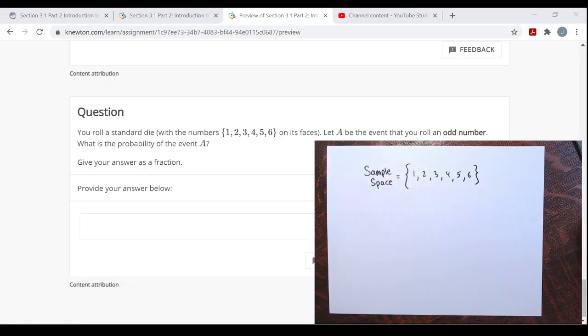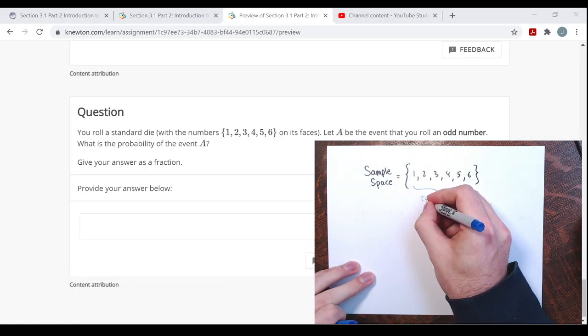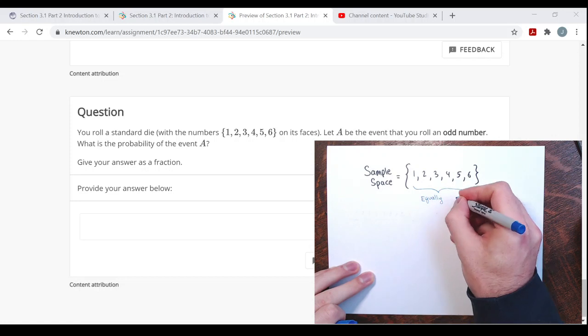Roll 1, 2, 3, 4, 5, or 6. And every single one of these, as we've mentioned, has the same chance of occurring. These are all equally likely. All right, I'll write that here. These are equally likely outcomes. I'll just say equally likely.